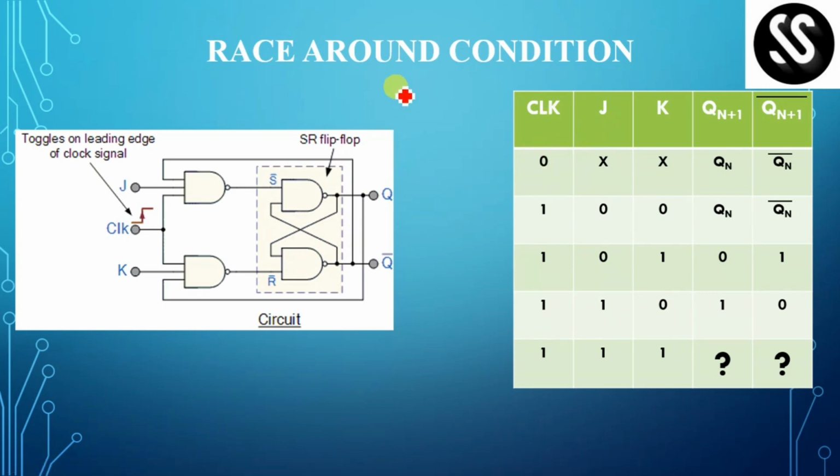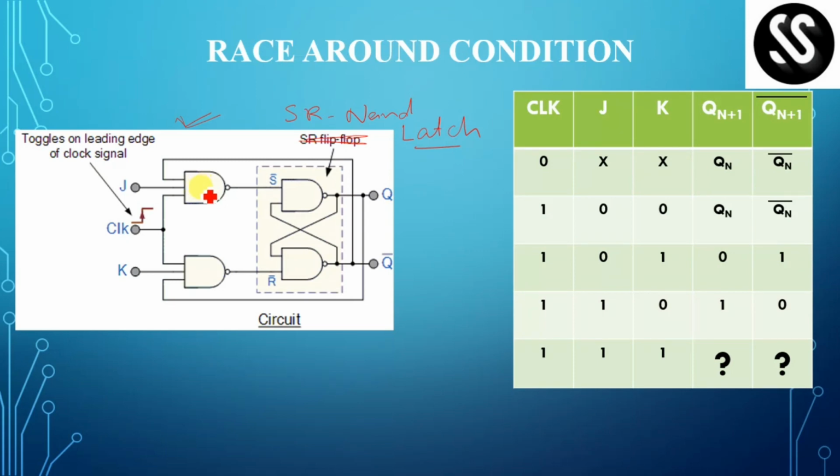Okay, so let us study the race condition completely. We can see this is a table, and this circuit belongs to the JK flip-flop. We used an SR NAND latch, so instead of SR flip-flop, you can say it is an SR NAND latch.